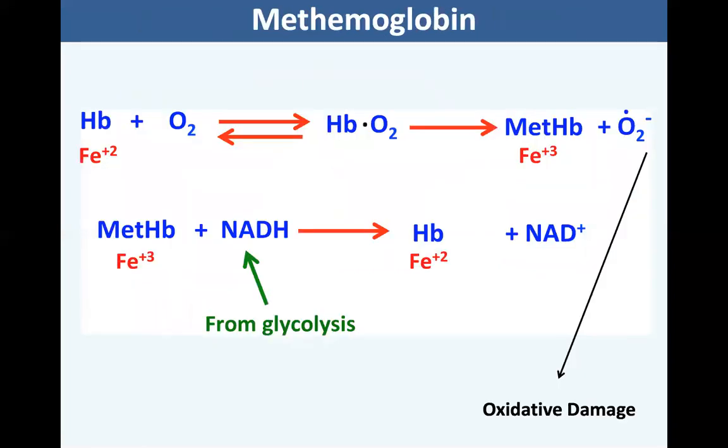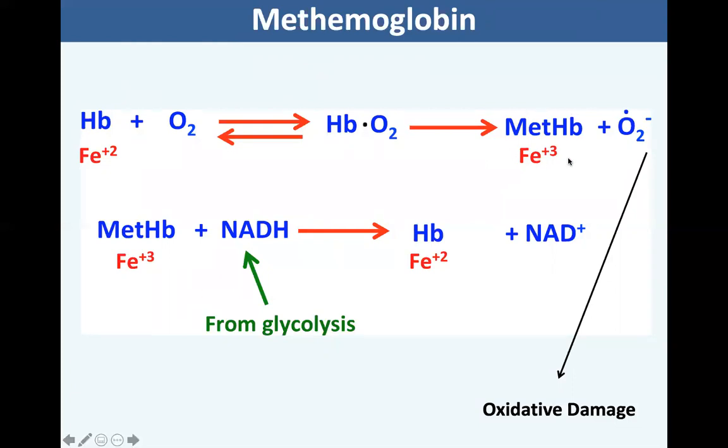Okay. Now, what happens with oxygen is that it's so incredibly reactive that it causes a lot of problems. It causes oxidative damage. So under normal circumstances, the hemoglobin iron is ferrous, +2. That's okay. But every once in a while, you can actually oxidize it to ferric, +3. That's not good at all because this will not deliver oxygen at all, okay?